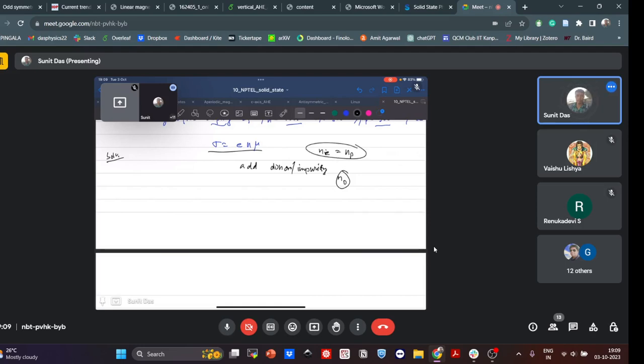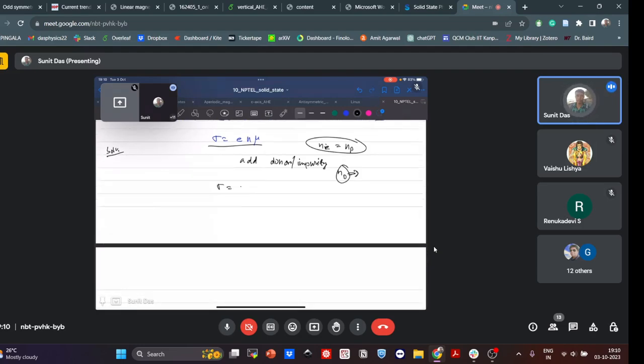But we add a donor because we want the semiconductor to conduct mainly because of the donor. In that case sigma is given as N, the donor concentration, and the mobility.